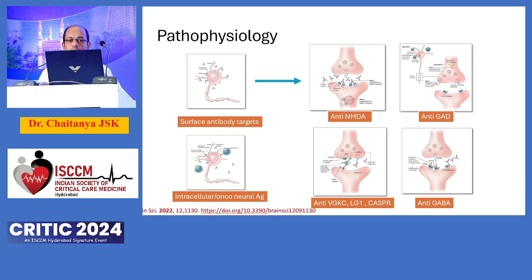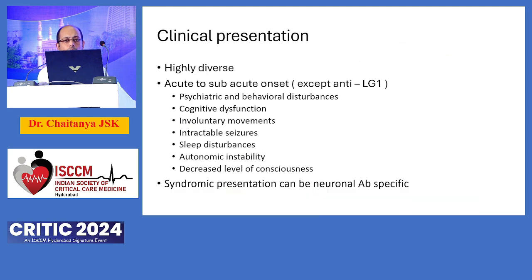How they cause symptoms: they either internalize the NMDA receptors, preventing synaptic transmission, or they block GABA or AMPA transmission in the synapses, or, as I said, LGI1 and Caspr anti-VGKC antibodies. Intracellular ones are predominantly paraneoplastic manifestations, usually with solid masses. As I just briefly told, they have very diverse presentations.